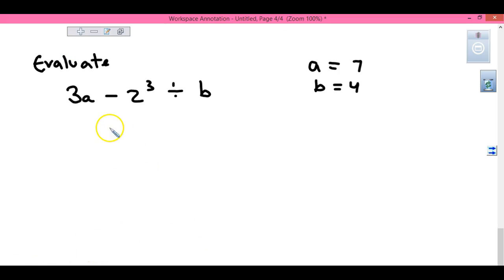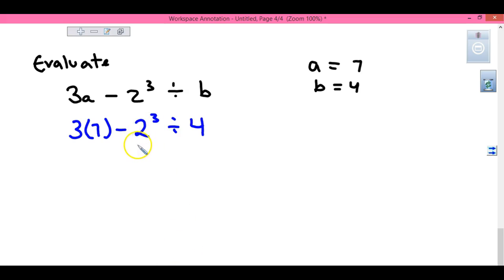If we have to evaluate 3a minus 2 cubed divided by b, when it says evaluate, and we're told that a is equal to 7 and b is equal to 4, what is the first thing we have to do? Substitute. Replace. Yes. Let's start there. Once I've replaced, what is the first thing we have to do using order of operation?